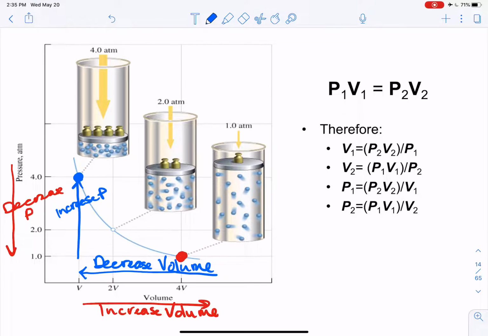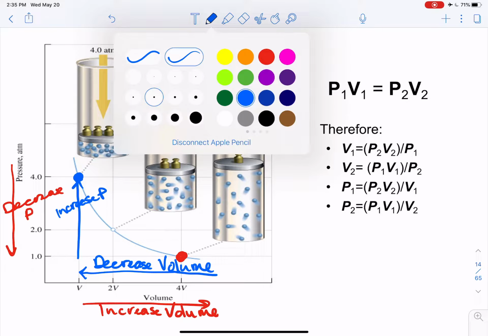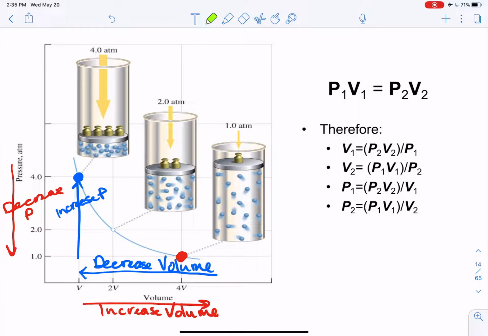So we get this lovely curve. The curve is like that. What we also get from this information is Boyle's Law equation, which says P1V1 equals P2V2.